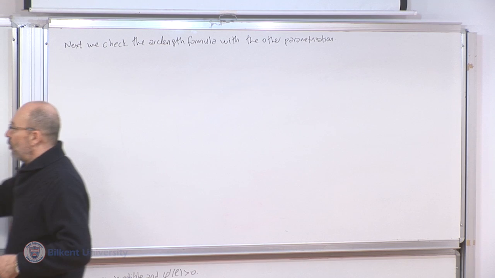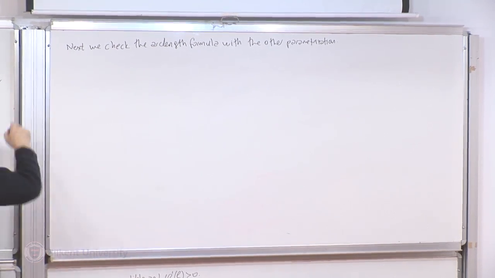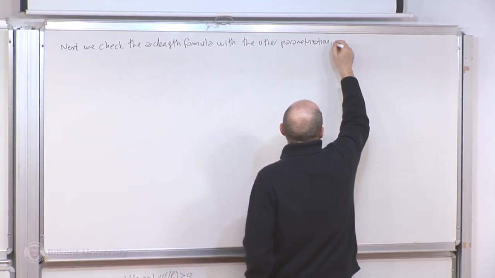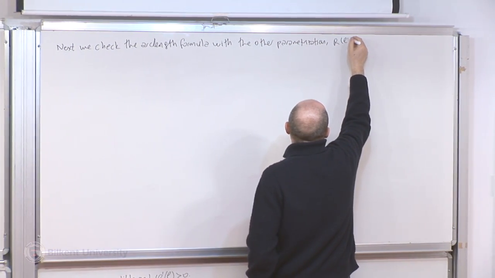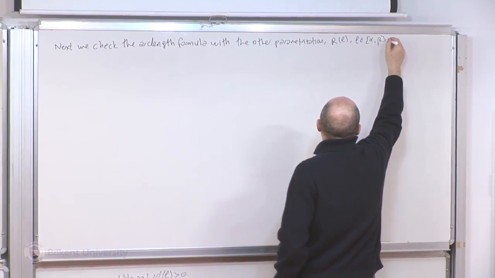Okay, so we have this parameterization. The other parameterization is R of L, where L is in alpha, beta.